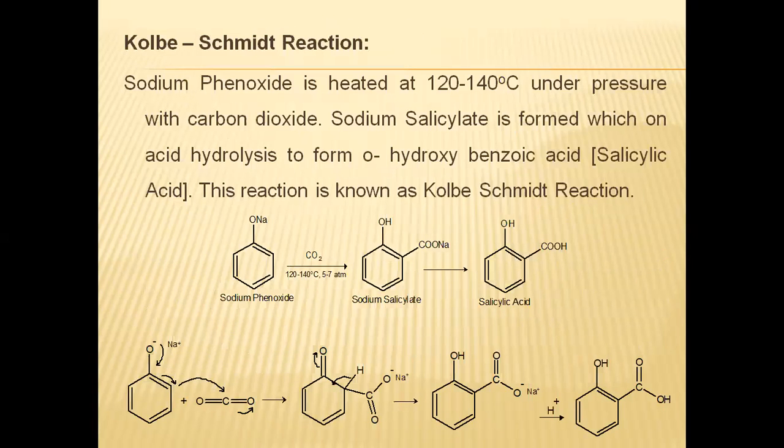Let us take one of the named reactions, the Kolbe-Schmitt reaction. Sodium phenoxide is heated at 120 to 140 degrees centigrade under pressure with carbon dioxide to form sodium salicylate.